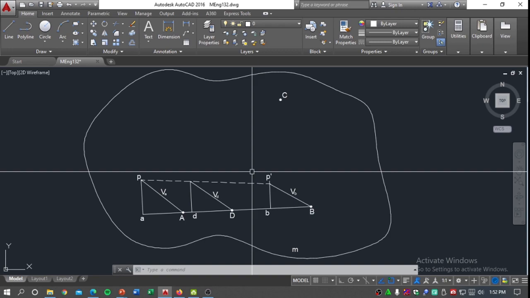It was already given, the location of the point Q, or the axis Q.